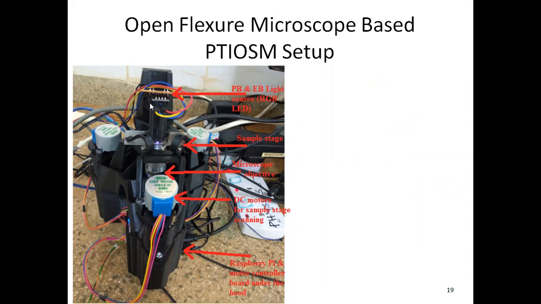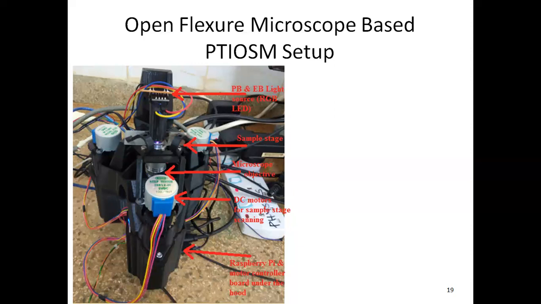What we did is we introduced RGB LED so that we could produce the probe and pump beam signals that would illuminate the sample, and then the images would be acquired by a camera that is fitted in the microscope.